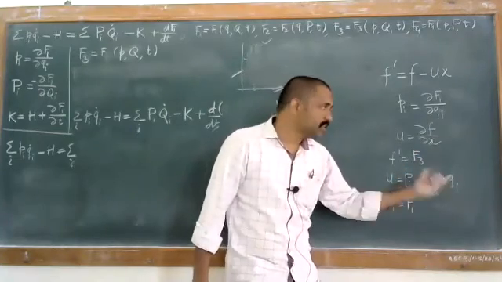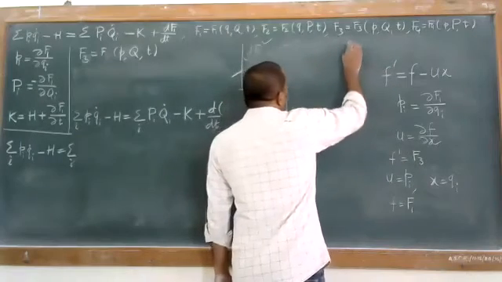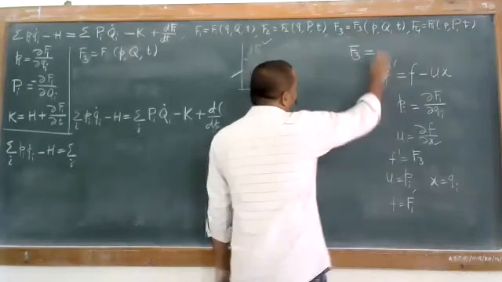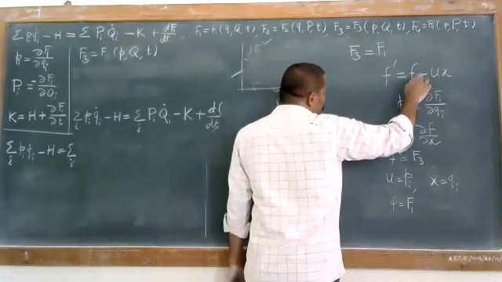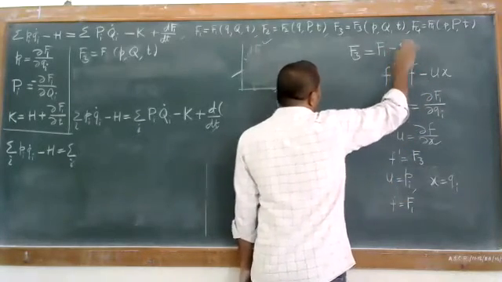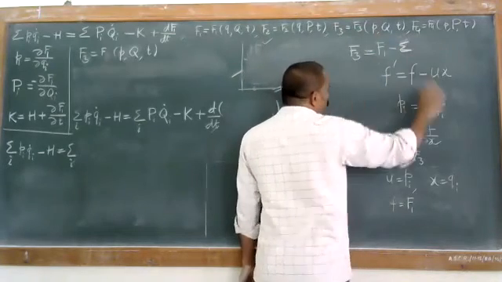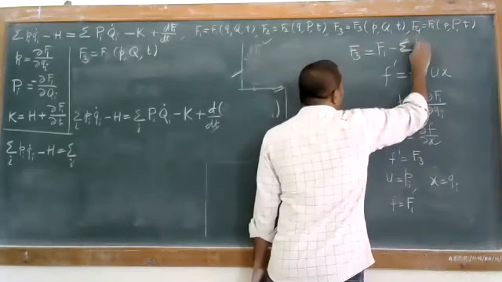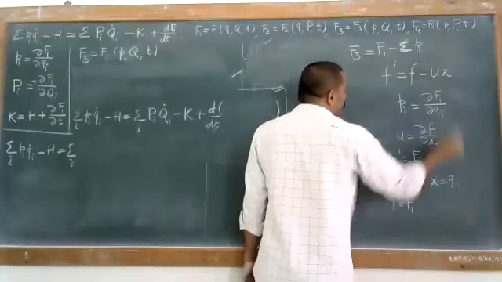So what is your function then? Your function can be written as f3 is equal to f1, minus a summation over the u value, that is small pi, and the value of x is nothing but q1.